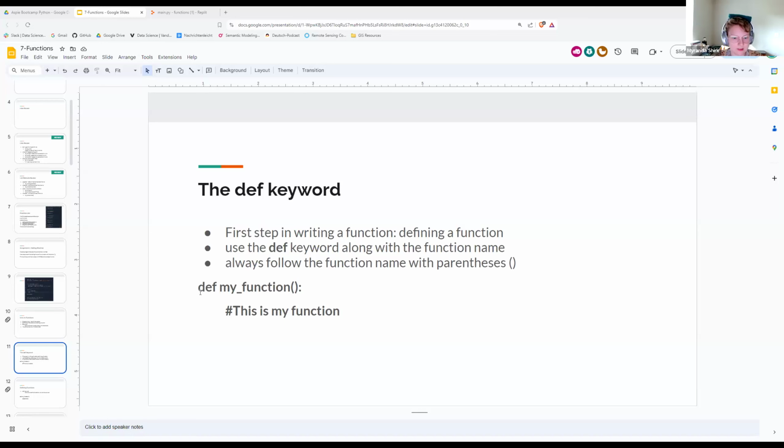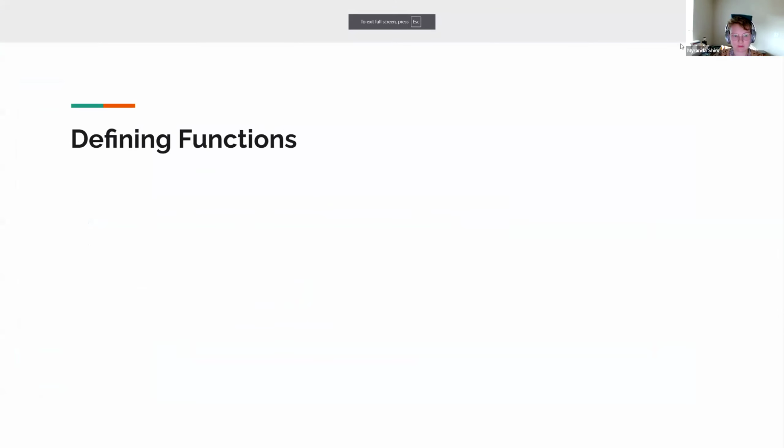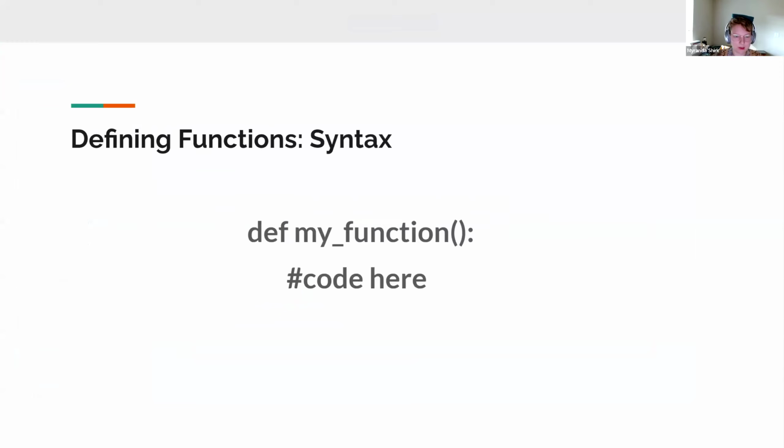All right. So defining our function, use that def keyword, the name of your function, open close parentheses, colon, and then everything within your function is indented. Sometimes I get ahead of my slides. I like to have diagrams sometimes.